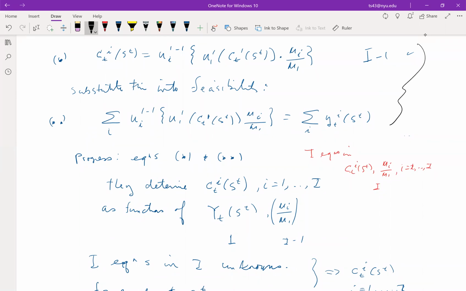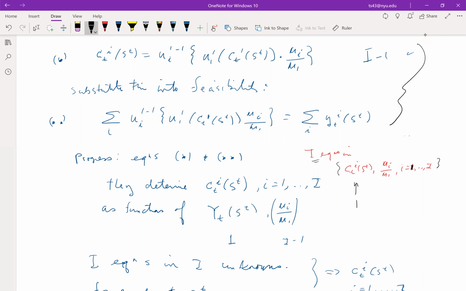This is going to be I equations in these variables, C_t^i(s^t), and these variables for i being 1 through capital I. So we have I equations in how many variables?